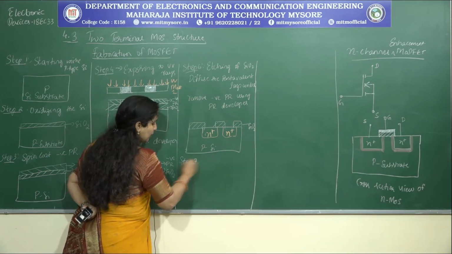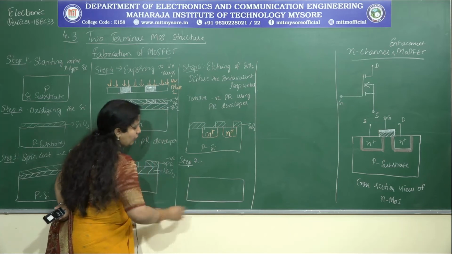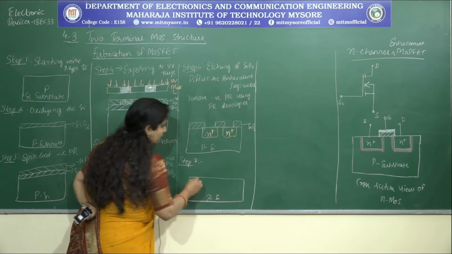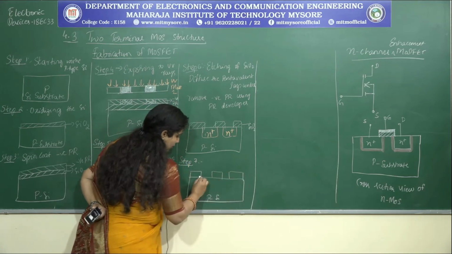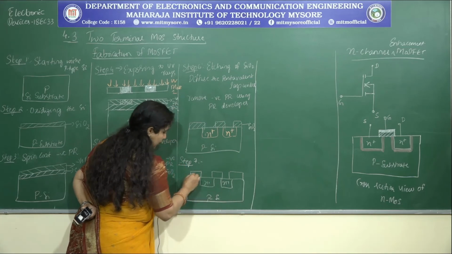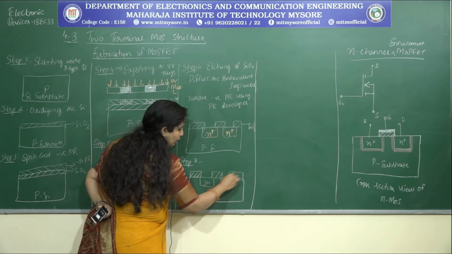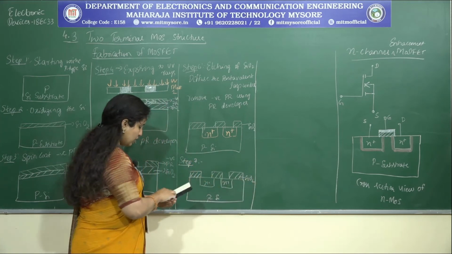So, what I will do in step number 7 is, I will be again developing a photoresist upon this silicon dioxide. Completely I will spin coat with the photoresist.